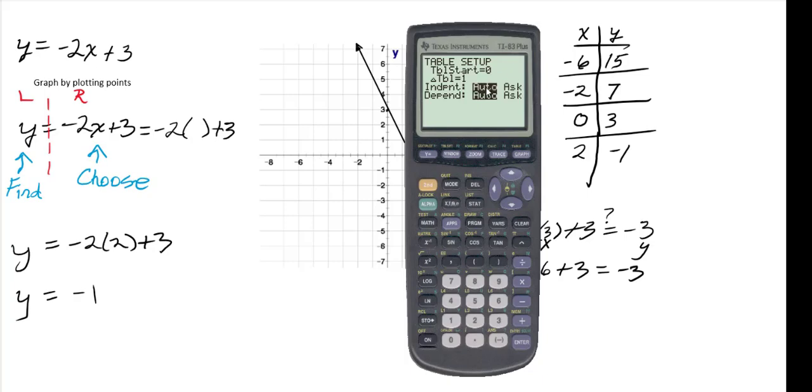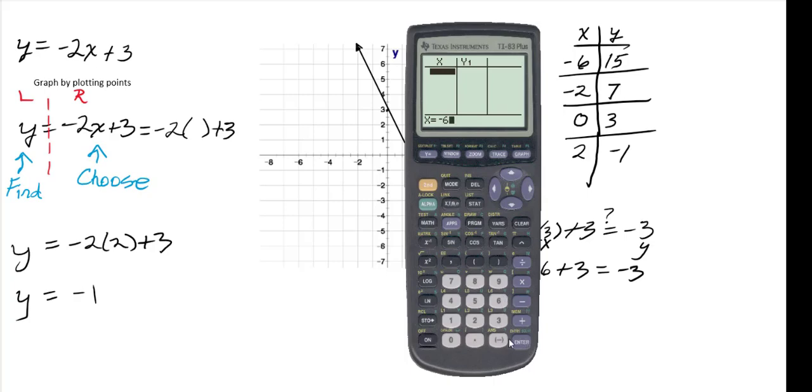So you're going to change independent to ask. So just move with the direction pad and press enter over ask, and leave dependent as auto. And then press second graph, and now notice your table is empty. Now your calculator is going to allow you to insert any number you wish.